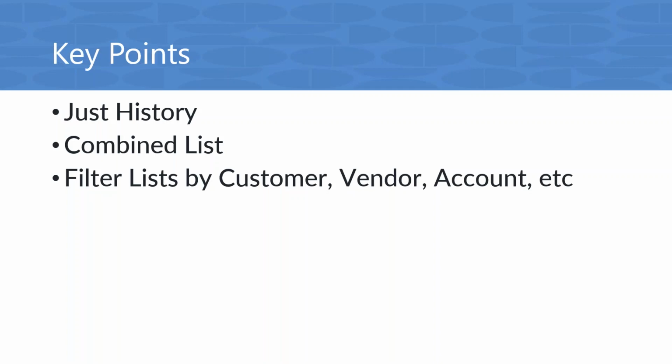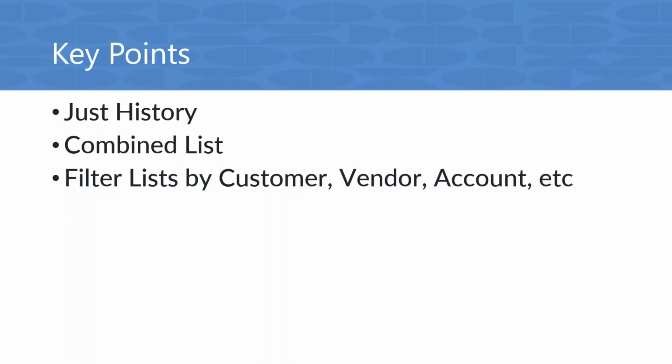And then another key area is that people will want to filter that list down. So I don't want to see all of the records. I only want to see it for this particular customer or this particular vendor or an account. We can embed this anywhere inside of Acumatica, and we can filter it down so we can see only that customer's orders or that vendor's payments or any kind of related information like that.